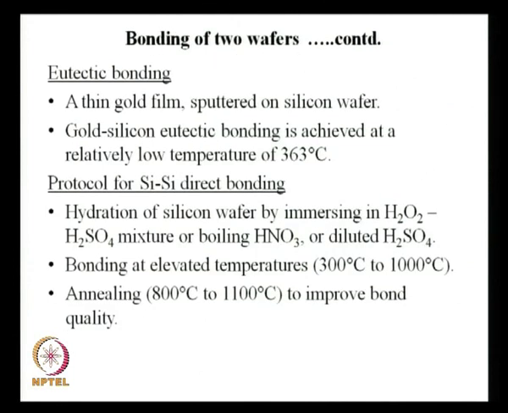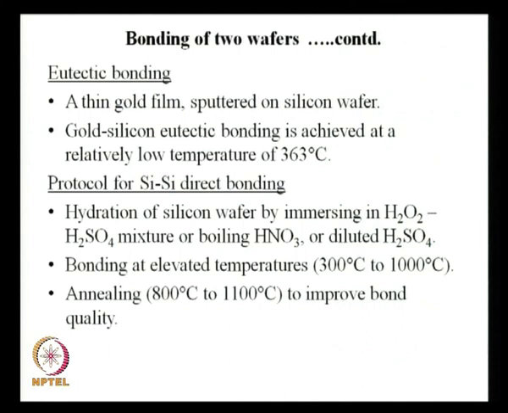Let me point out that there exists another technique which goes by the name eutectic bonding. Not that it is a very general one, but just look at the technique here. A thin gold film is sputtered on a silicon wafer. Gold silicon eutectic bonding is achieved at a relatively low temperature of 360 degrees centigrade.